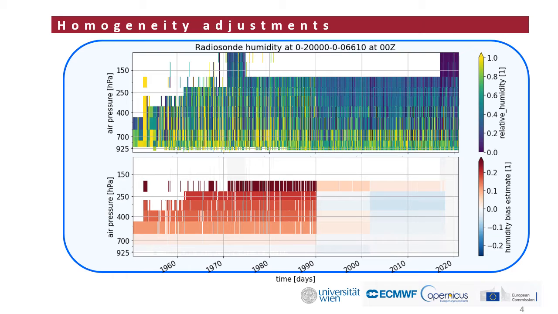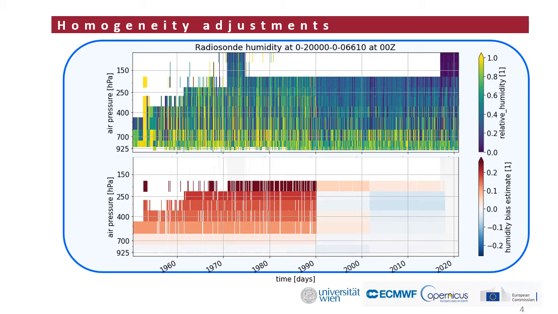Here you can see an example of such a combined record for relative humidity. The upper plot shows relative humidity at station Payerne in Switzerland. Over time, the radiosonde type and instruments change, yielding shifts in the time series. These breakpoints can be detected and a bias estimate can be calculated.